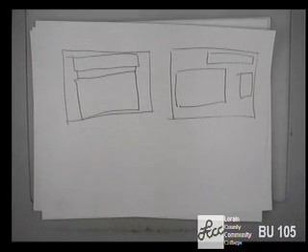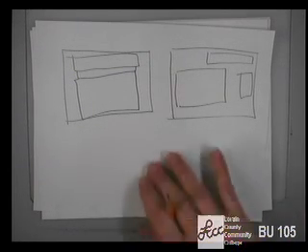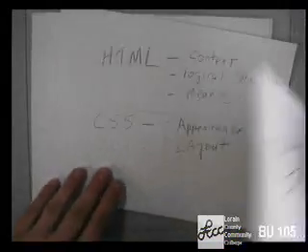These have the same logical structure. It's broken down the same way, and it's divided and structured the same way, but the physical layout is totally different. So, again, by having the separation between HTML and CSS, we achieve that.